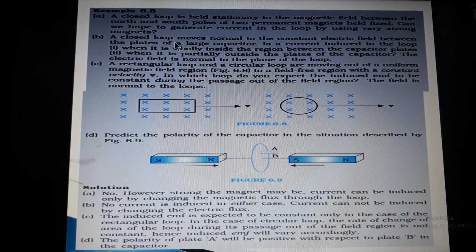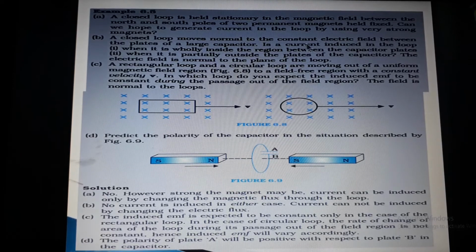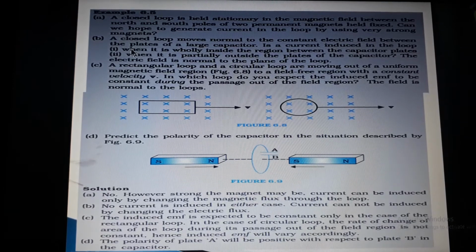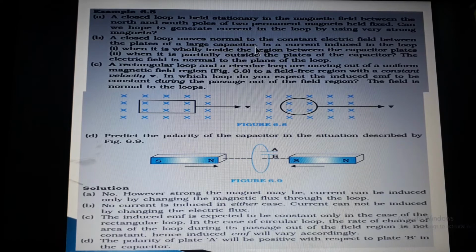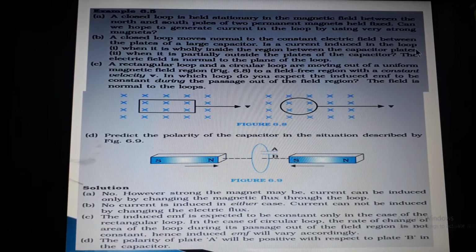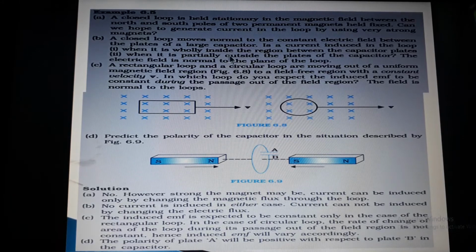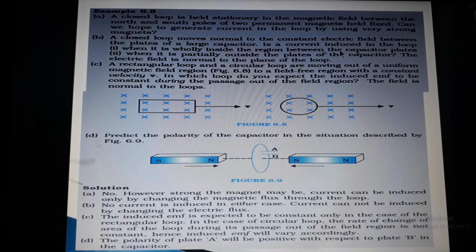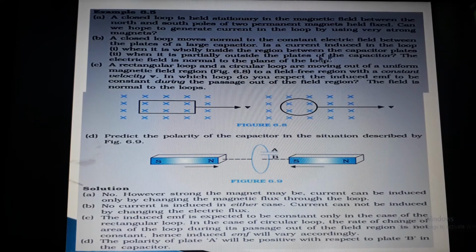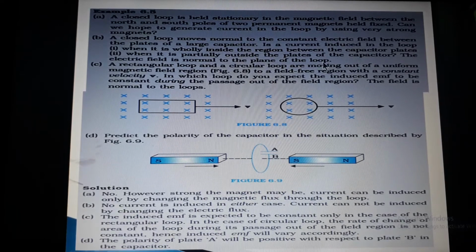A closed loop moves normal to a constant electric field between the plates of a large capacitor. Is a current induced in the loop when it is wholly inside the region between the capacitor plates, and when it is partially outside the plates? The electric field is normal to the plane of the loop.